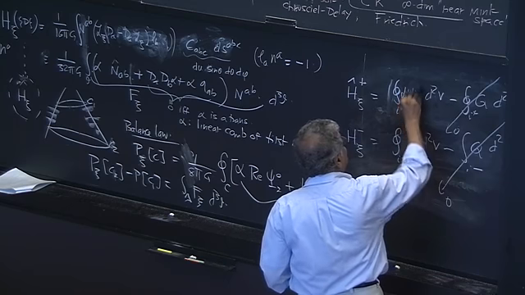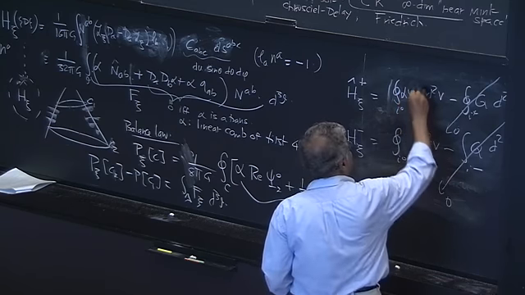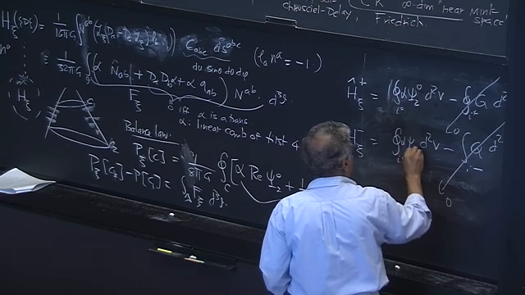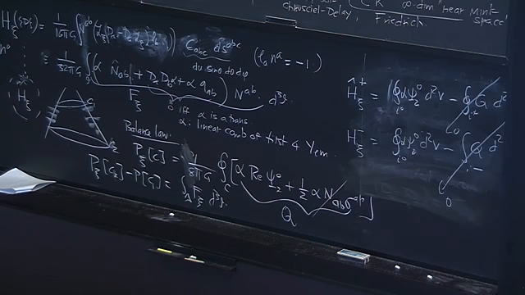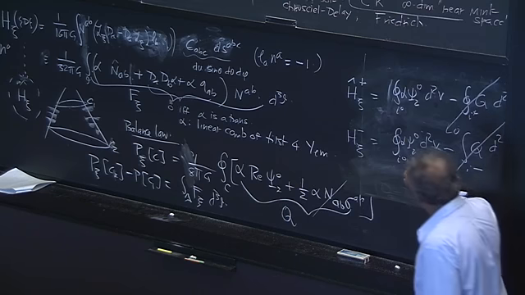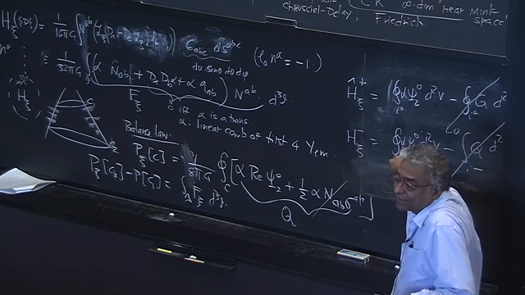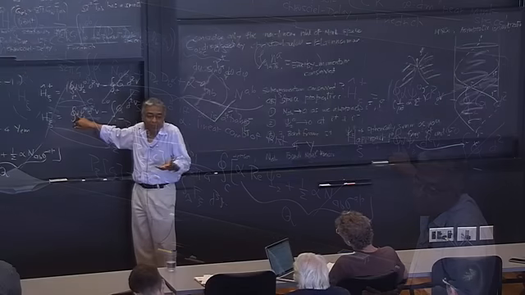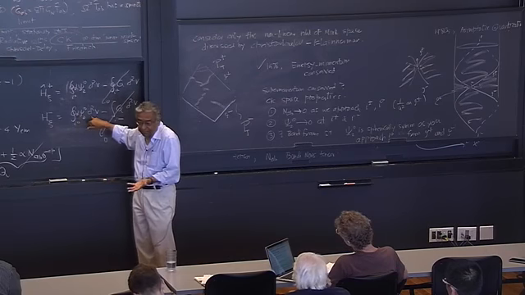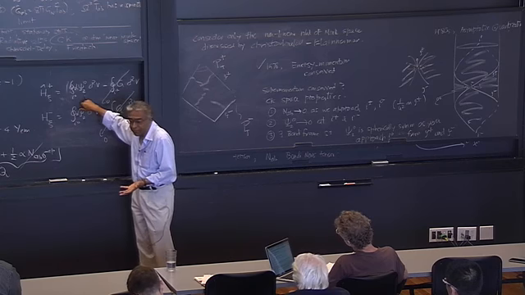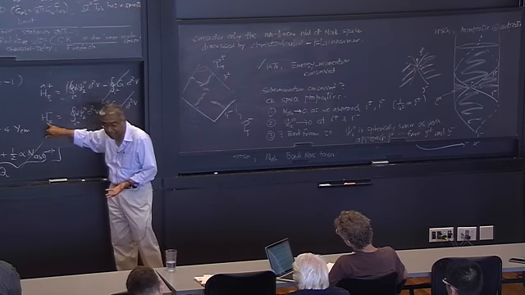I get alpha times psi 2 naught. But now we say psi 2 naught is actually spherically symmetric, and this is supermomentum. So this is Y_LM with L bigger than 2. Therefore, this quantity is 0. Therefore, H plus is 0 and H minus is 0.